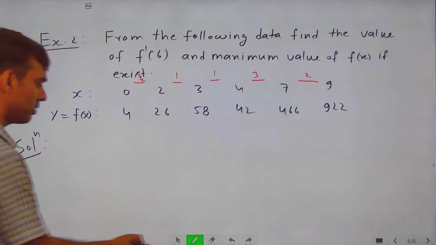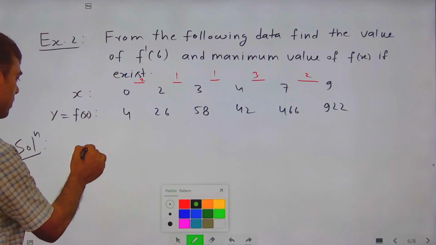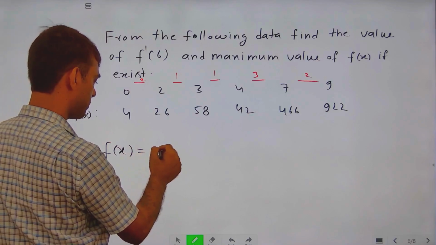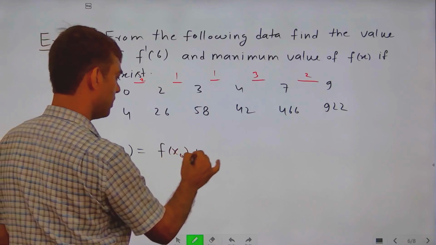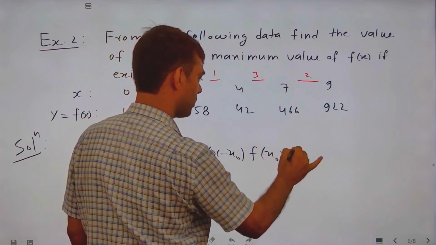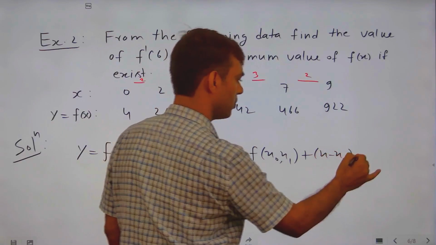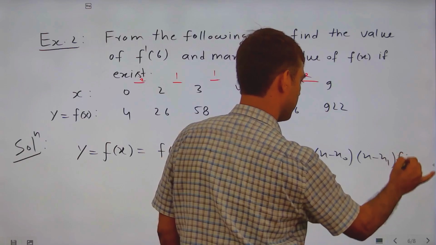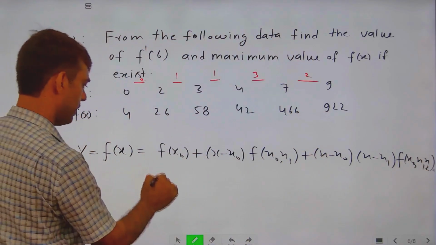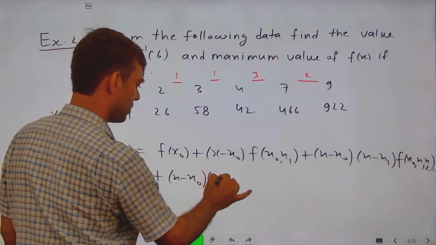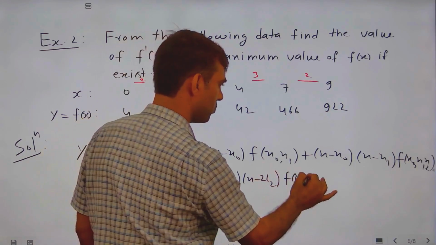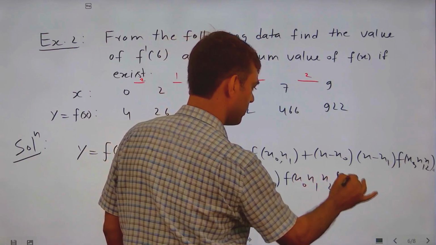What is the Newton divided difference interpolation formula? y = f(x) = f(x0) + (x - x0) f(x0, x1) + (x - x0)(x - x1) f(x0, x1, x2) + (x - x0)(x - x1)(x - x2) f(x0, x1, x2, x3) and so on.